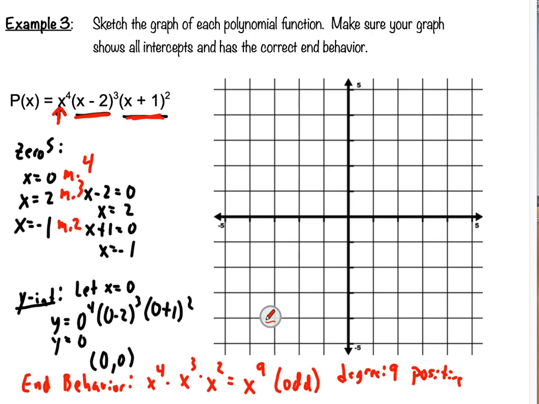It's not like there's a negative x to the 4th on the outside to make it negative. So degree is 9 and it's positive, so we've got an odd and positive. So what's the end behavior going to look like? It's going to be down and up. So let's go ahead and graph that. Go ahead and graph out your zeros.